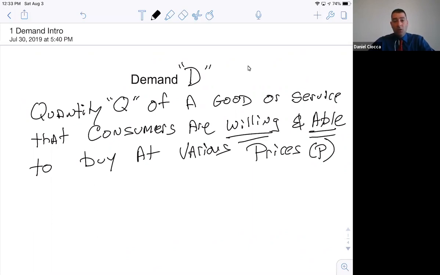It's not what customers want. I want a Ferrari, but sadly the Ferrari people don't count Mr. C when trying to determine the demand for their product. Because while I like Ferraris and I'm willing to buy one, unfortunately on a teacher's salary, I'm not able. I can't afford it. Likely, the Yugo people, it's a cheap car that was made in the 80s and 90s, didn't count Mr. C as part of the demand for their product.